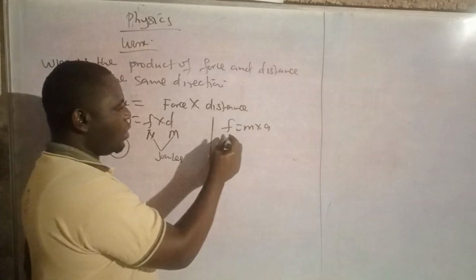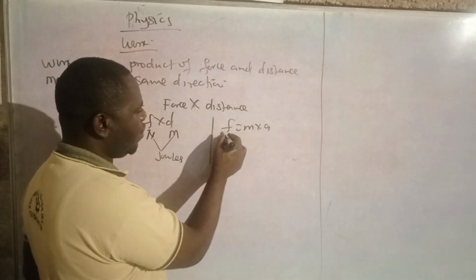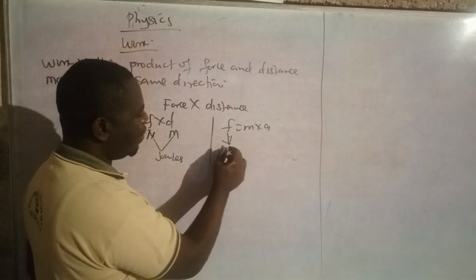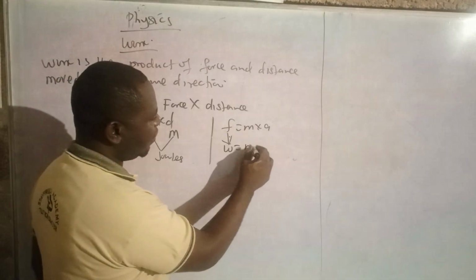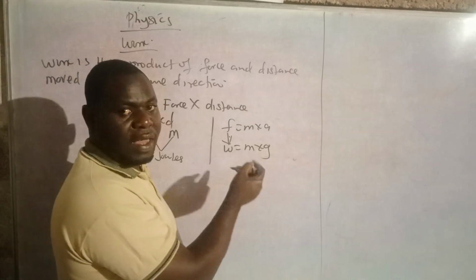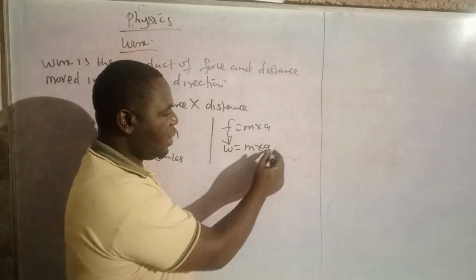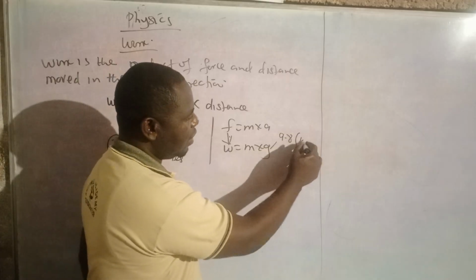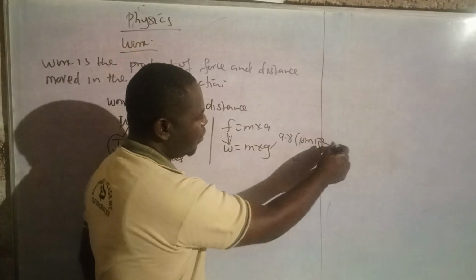Apart from that, we know that weight is the same as force. So weight is also mass times gravity. This is acceleration due to gravity, and the acceleration due to gravity on Earth, we know that it's 9.8, which is the same as 10 meters per second squared.